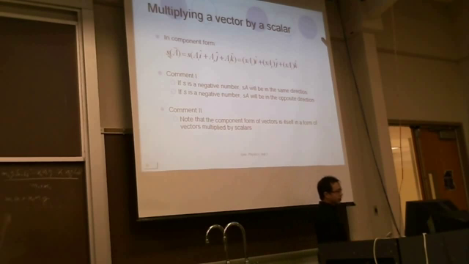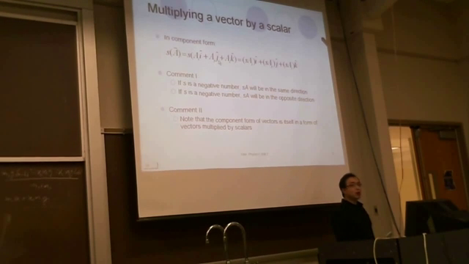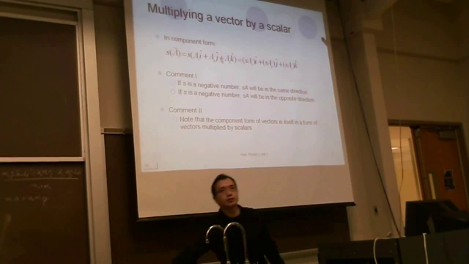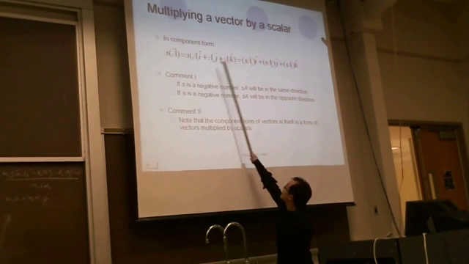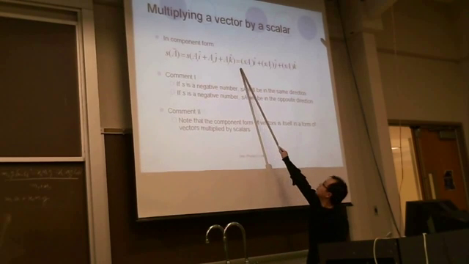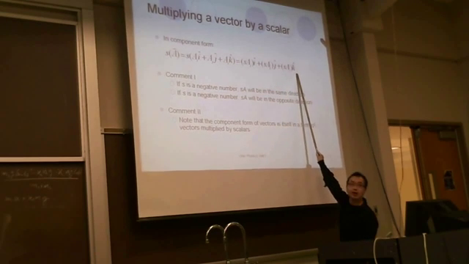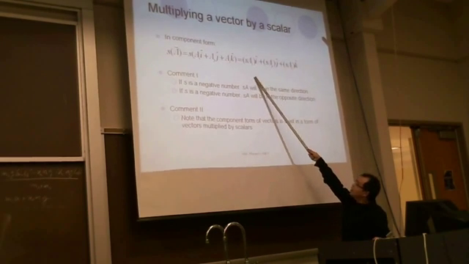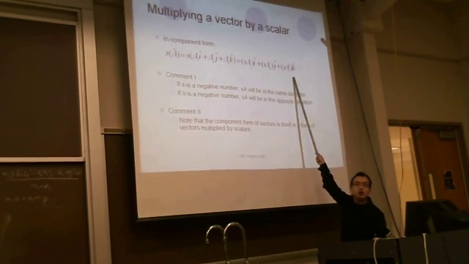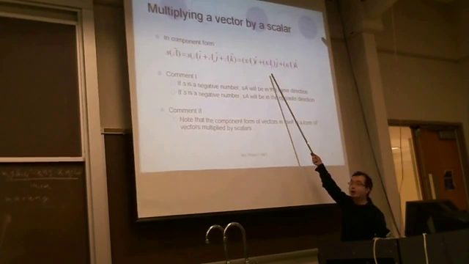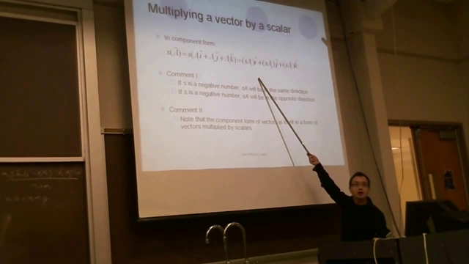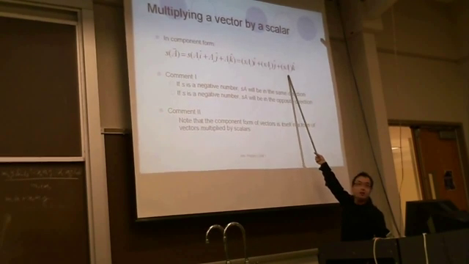With straightforward algebraic manipulation, you write the vector in standard form, put the number in and multiply out, so you get S Ax i-hat, S Ay j-hat, S Az k-hat. You just change each component by the same multiple. If it's 2, you double every component.